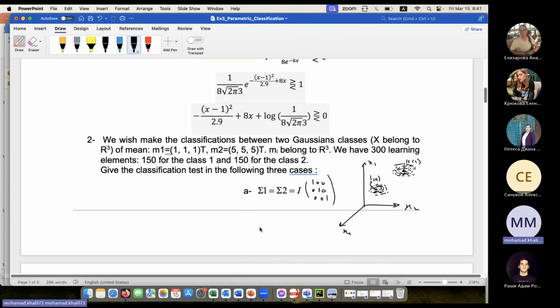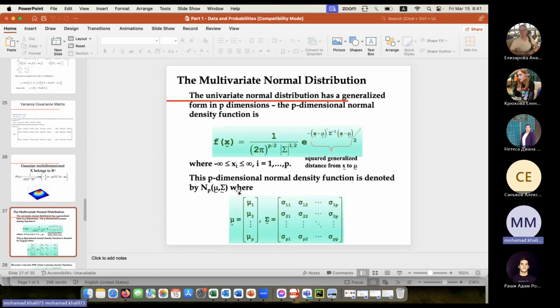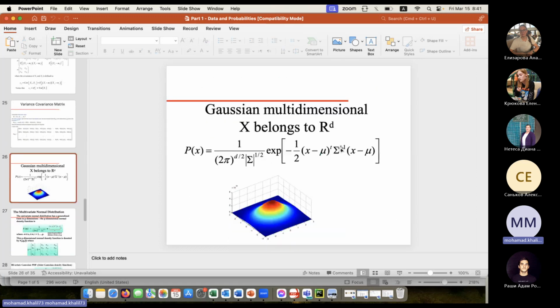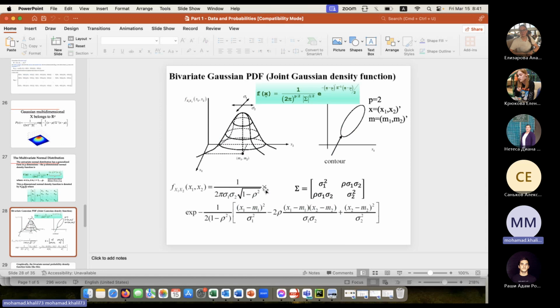Remember in the probability course, if you have the equation of the Gaussian distribution, where X belongs to R^d, sigma in general is d times d.